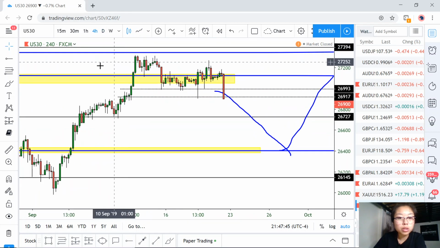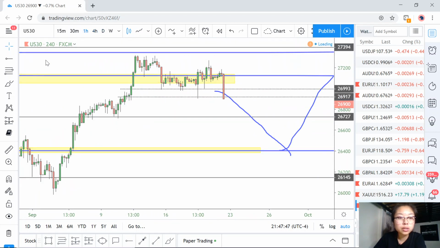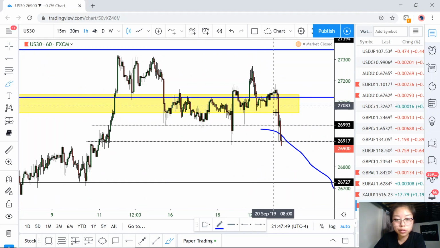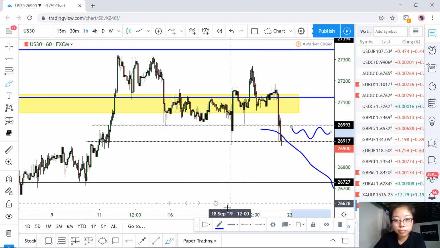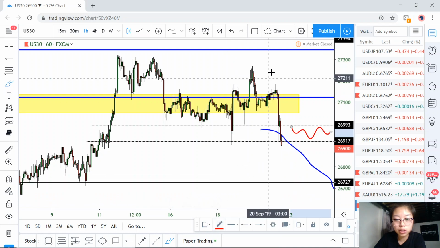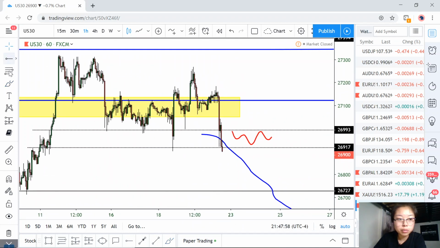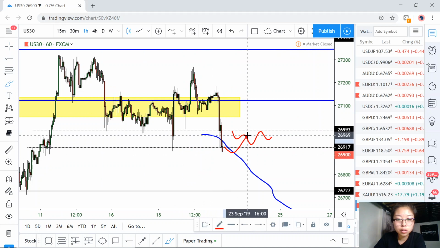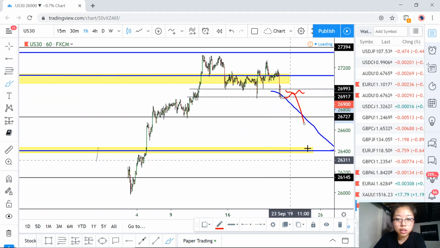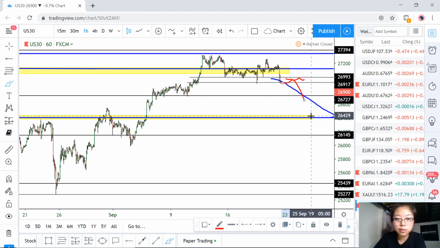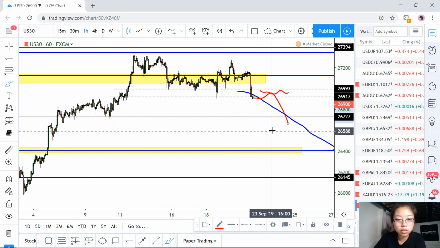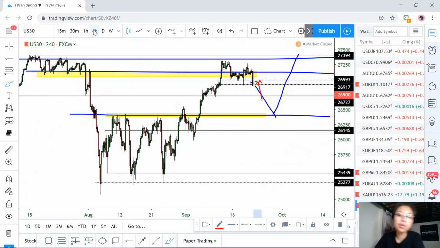We may want to short into that consolidation. So we're looking for shorts. We want to see shorting in this range, so a retest of this range if we're going for shorts into our 26,400 area. So that's one scenario, two scenarios.